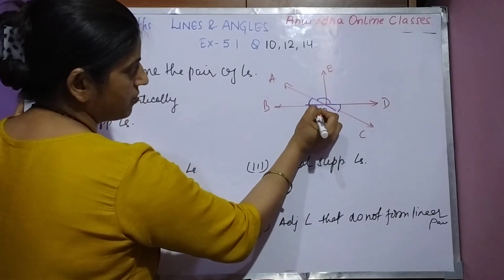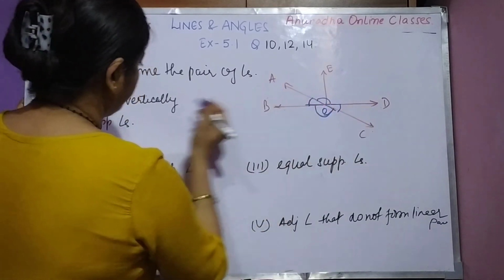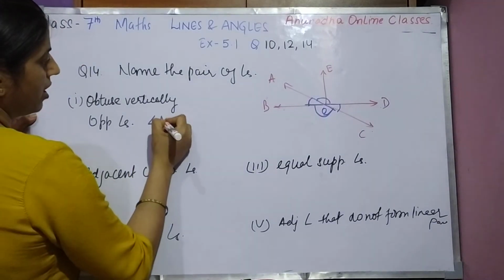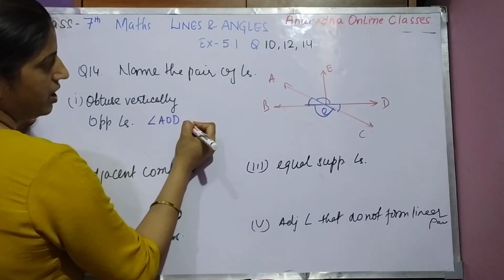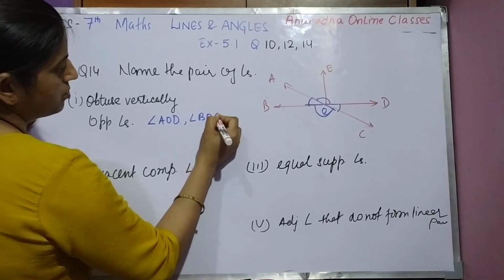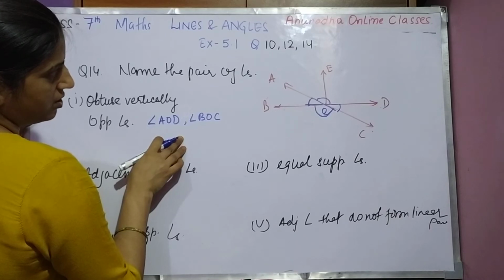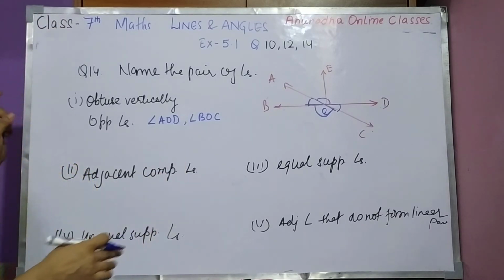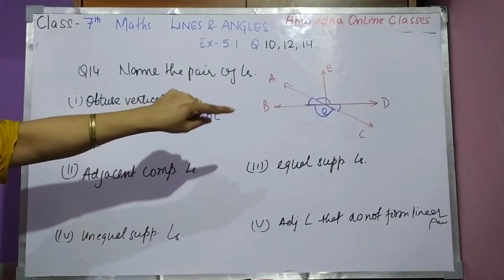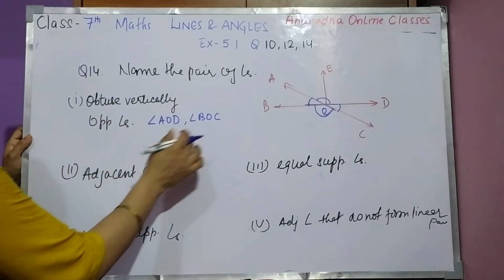We have to take this one and this one. That is angle AOD and angle BOC. This is one pair of vertically opposite angles. Only one pair is there.